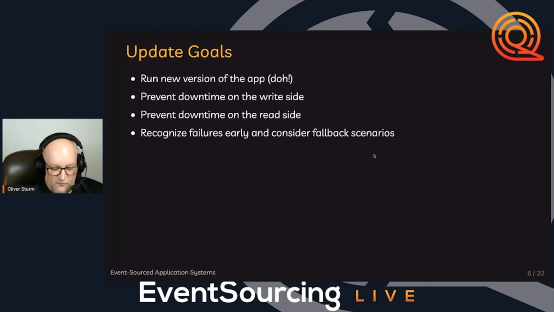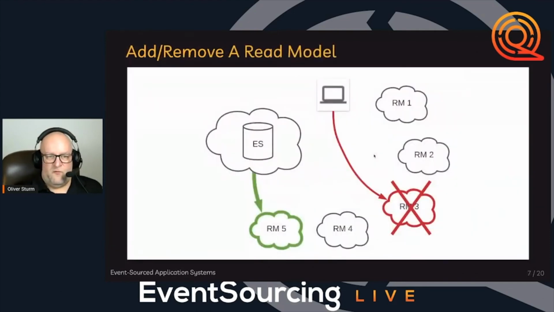Right. So to get into some of those update scenarios, I've begun with a simple one. When it's simple, I try to use some visual diagrams just to illustrate things a bit and make the text on the slides less boring. So this is a simple diagram that indicates how things can change when a read model is added or removed.